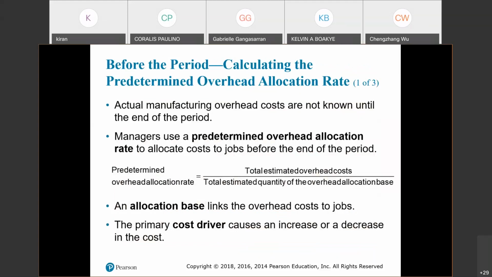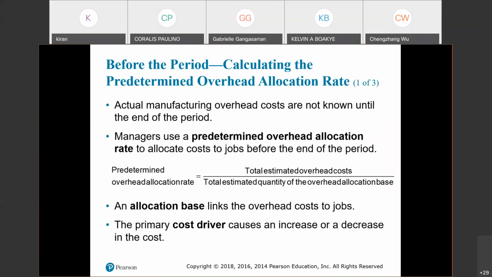And lastly, adjusting overhead at the end of the period. So today I will show you how to calculate the predetermined overhead allocation rate before the period and how to allocate overhead during the period. Well, in the next class, I will discuss what to do to adjust at the end of the period.